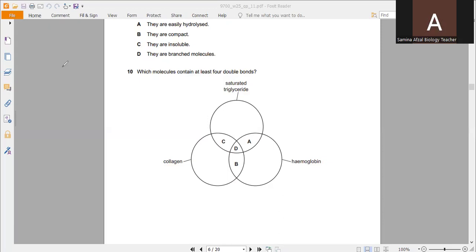So on the Venn diagram, that section is B. So according to this, B is the correct option.